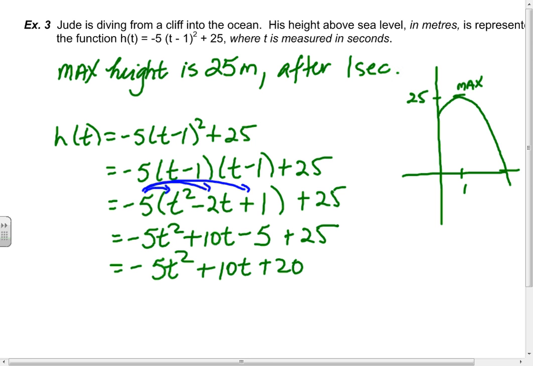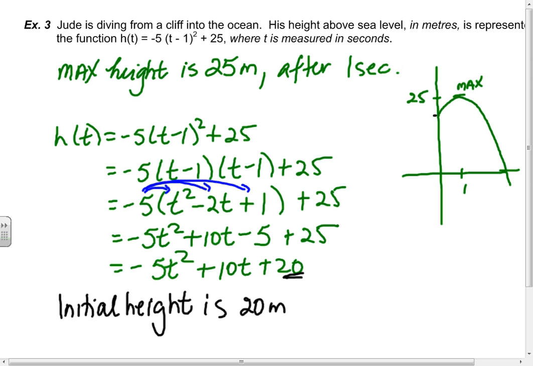So when we can expand and have that in a different form, we know that the initial height of the cliff, which is your y-intercept, is 20 meters, which makes sense on our graph. We want to know when he hits the water.